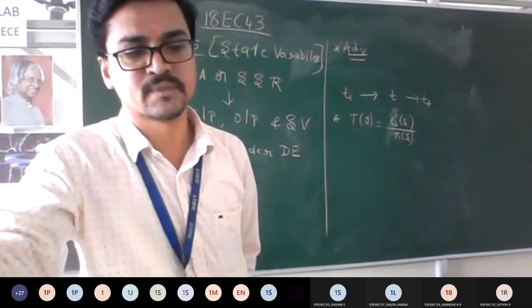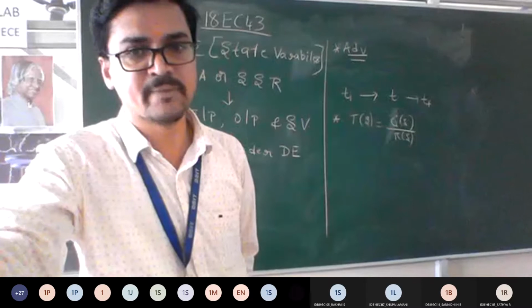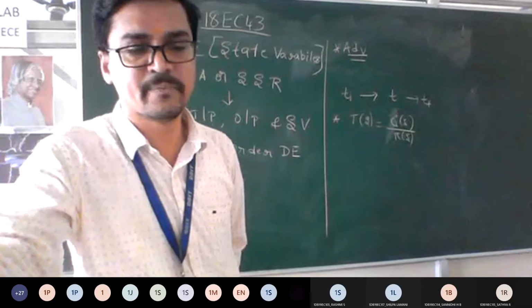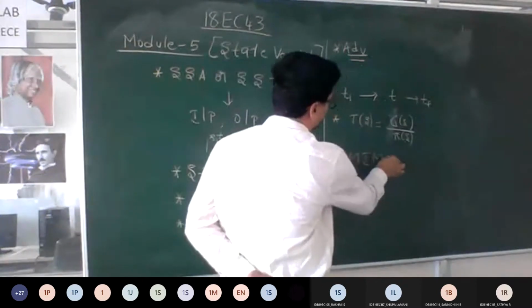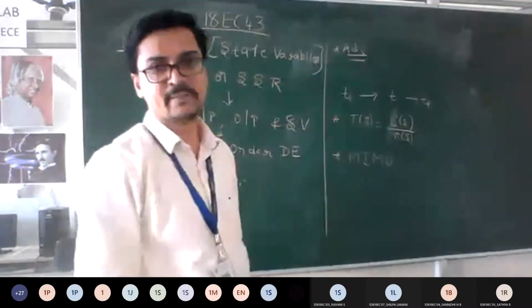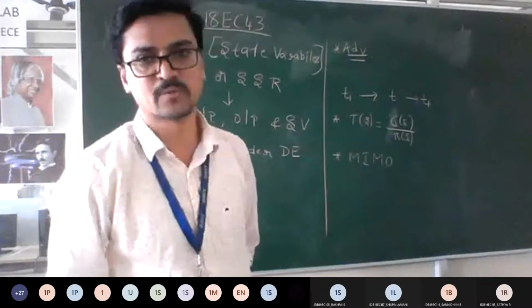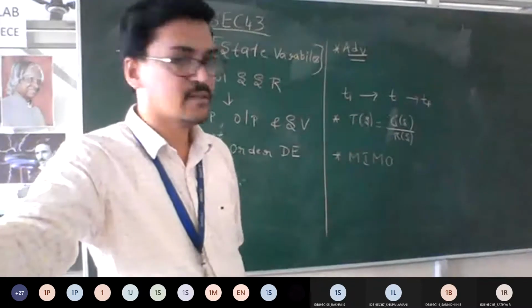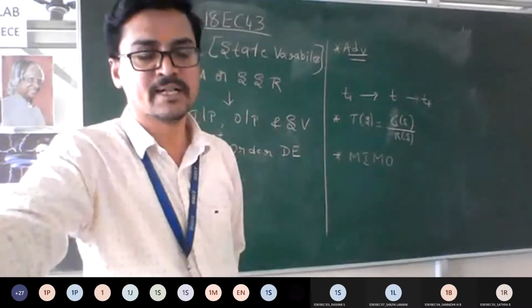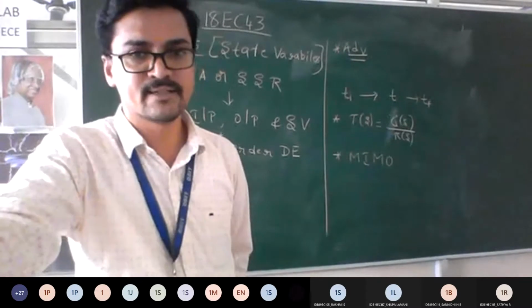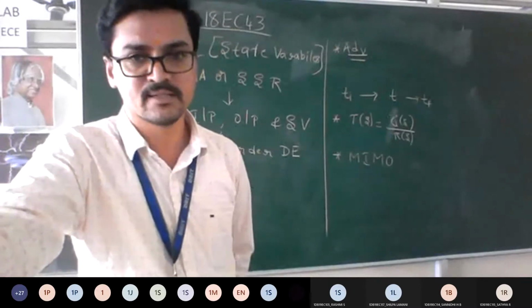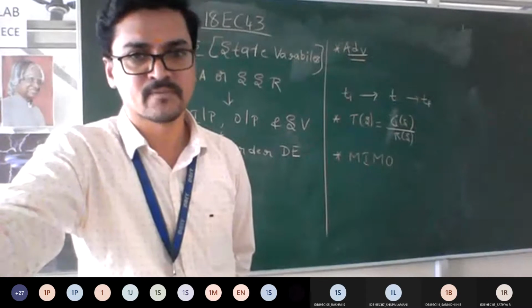Third one: analysis of multiple input, multiple output systems is easy. I'll write a short form here to help you remember: MIMO means multiple input, multiple output. Analysis of multiple input, multiple output systems is easier in this state model or state variable concept.